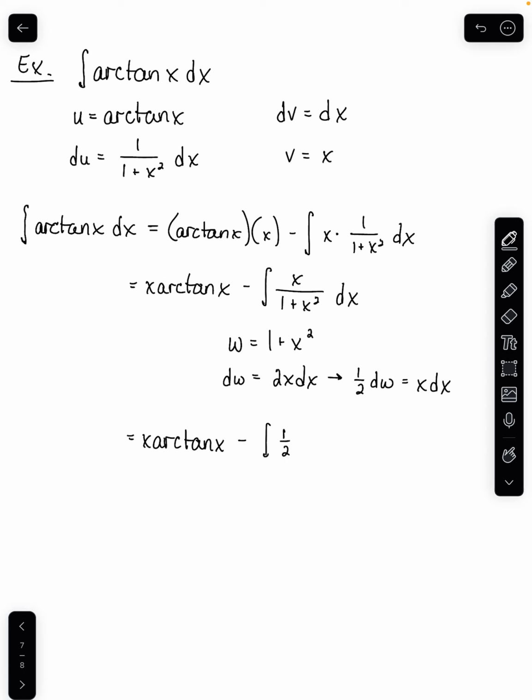1/2 times dw, and that is going to replace the x in the numerator and the dx off to the side. The 1 plus x squared in the denominator is going to be replaced with a w in the denominator.